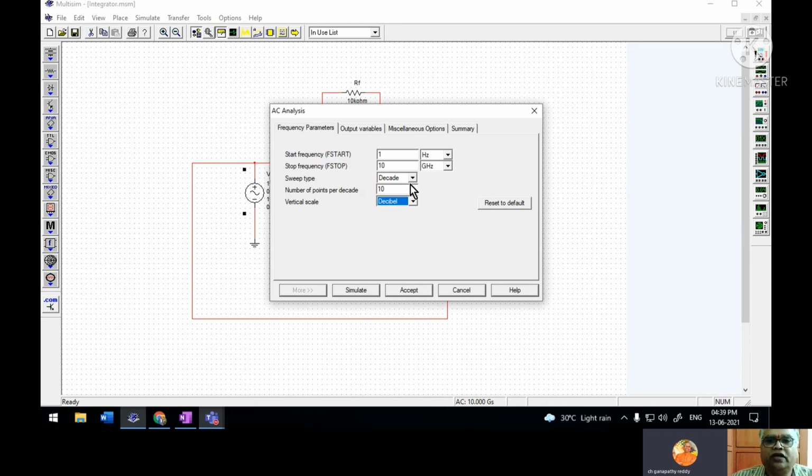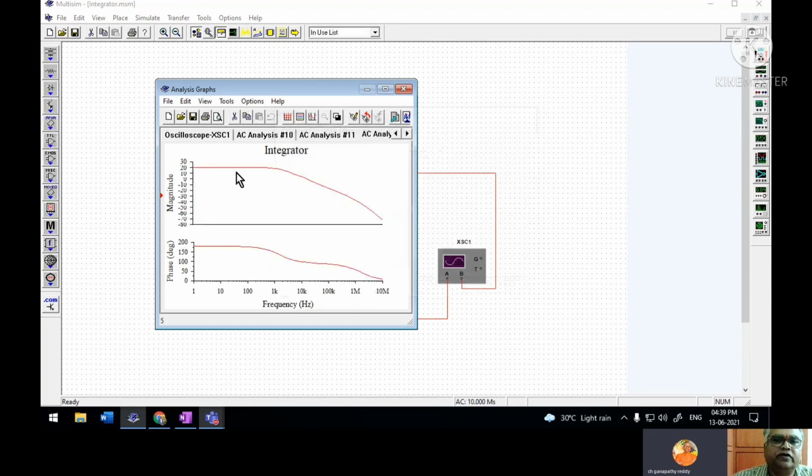On the x-axis we are accommodating so many frequencies. Decade is generally preferred, though octave is also possible. We are plotting frequency up to giga. If you want, you can stop at mega also. So directly you can see the total. An integrator is always like a low pass filter.